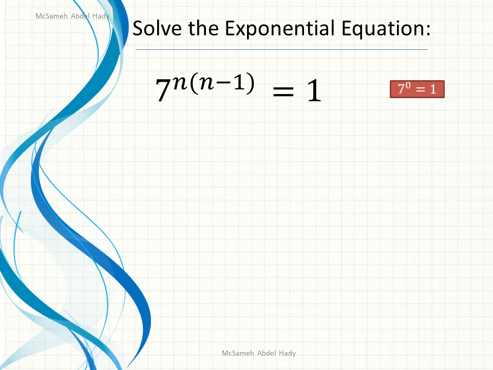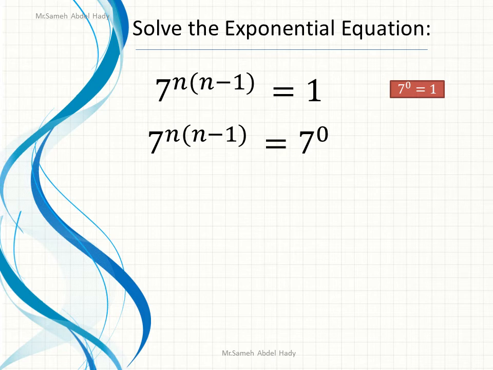I can write 1 as 7 power 0. We know any number power 0 equals 1. So I write 7 power n times n minus 1 equals 7 power 0, because 7 power 0 equals 1.